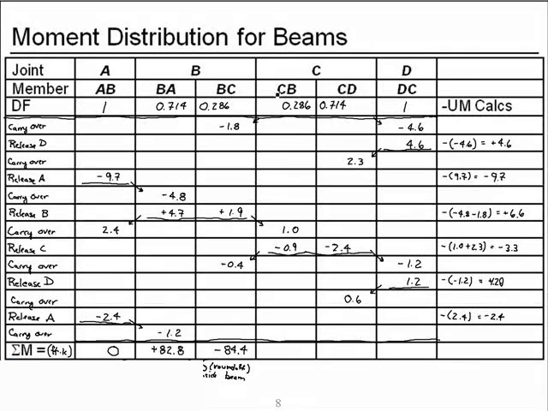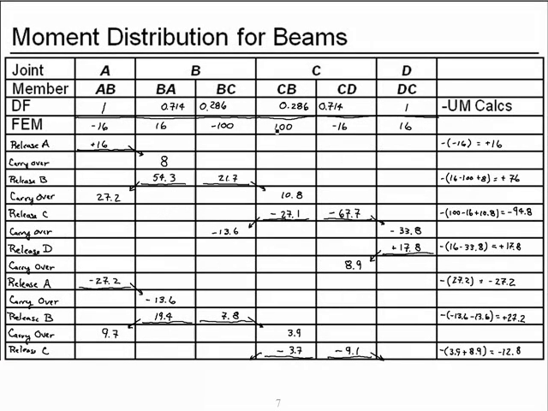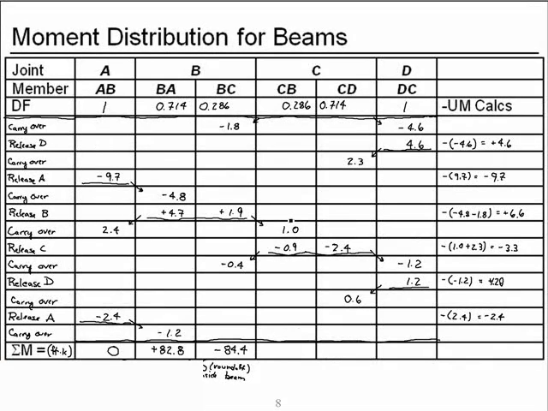So let's move to the other end of member BC, the end at node C. So we start calculating 100 plus 10.8 minus 27.1 plus 3.9 minus 3.7 plus 1.0 minus 0.9. All of that equals a positive 84.0.